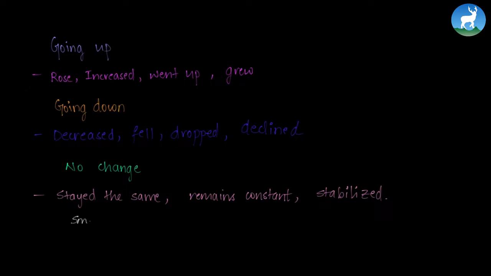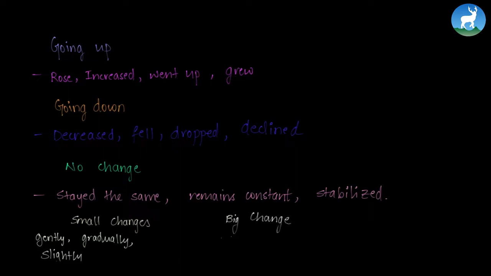If there are small changes, you can say it's growing gently, or you can say it's decreasing gradually, or slightly. And if it's getting a big change, changing in a huge amount, you can say suddenly the number rose up to 45,000.